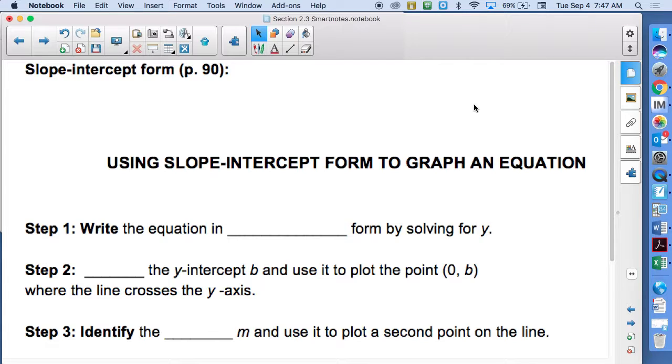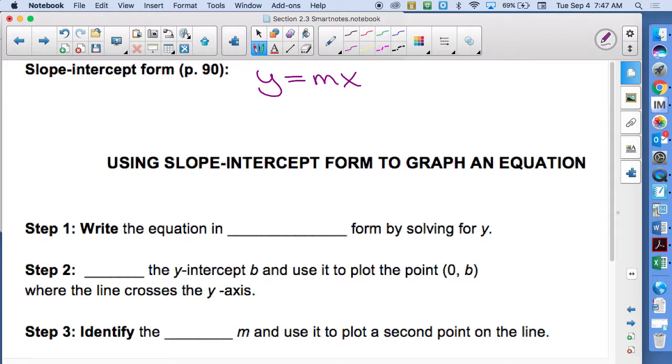Who remembers slope-intercept form? Holly, you remember it? So what's the slope-intercept form? Y equals mx plus b. Yeah, so Abby said y equals mx plus b. Abby, do you remember what the letters stand for?